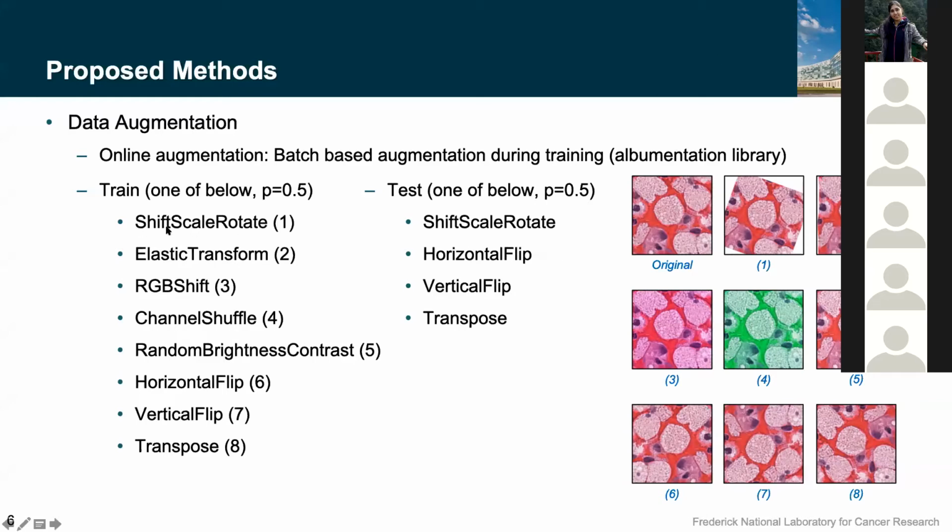So when the shift, scale, rotate augmentation is applied to the original images, their resulting images are shown here, and the rest of the augmentation results are also displayed on the right side. For the testing images, we apply only 4 different augmentations: shift, scale, rotate, horizontal flip, vertical flip, and transpose. We also utilize the augmentation library for data augmentation.